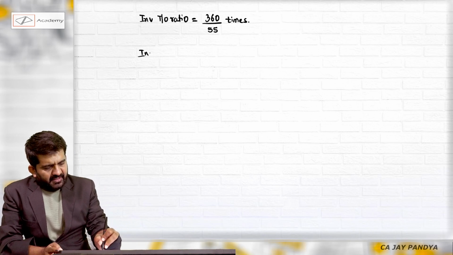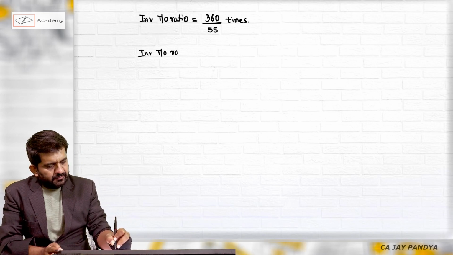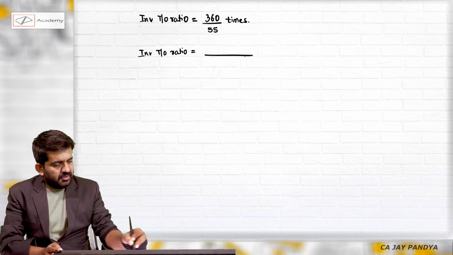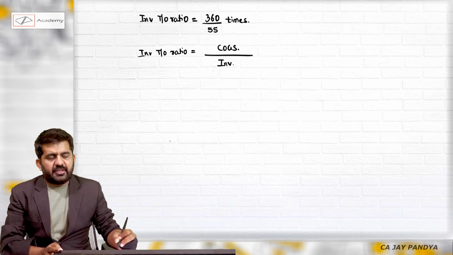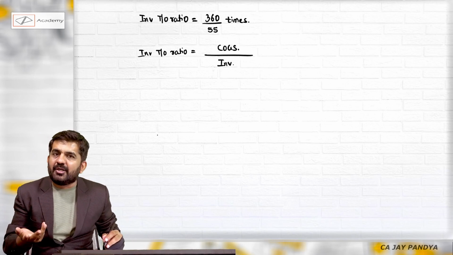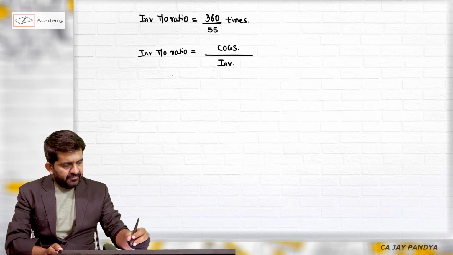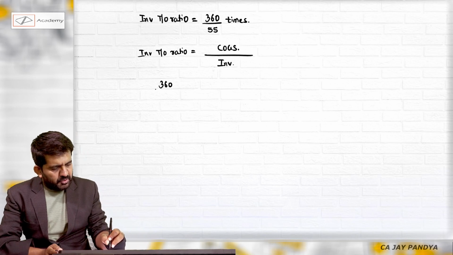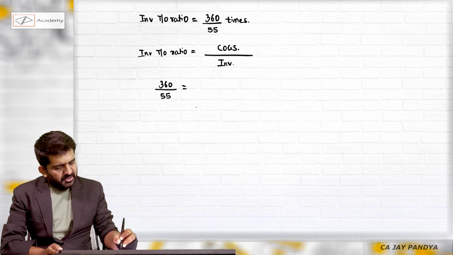What is inventory turnover ratio? In denominator, inventory will be there. In numerator, COGS will be there. If COGS is not available, you can even use the sales. Inventory turnover ratio is 360 upon 55. COGS we are knowing.